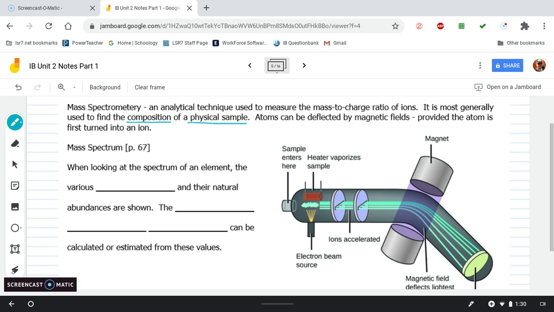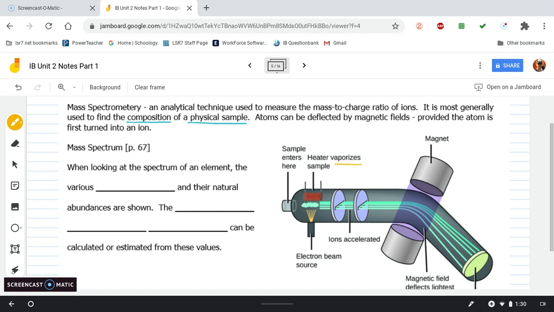What happens in a mass spectrometer is that you put your sample in at the beginning. We're going to put it in here. Your sample gets turned into a gas. When it says vaporize your sample, what they're saying is that we have to turn the sample into a gas.